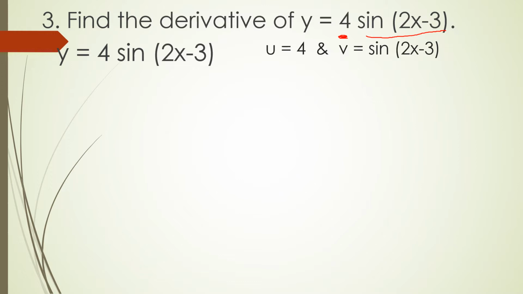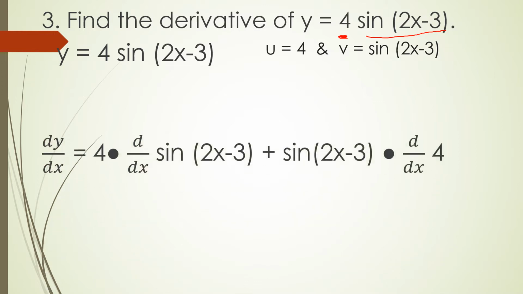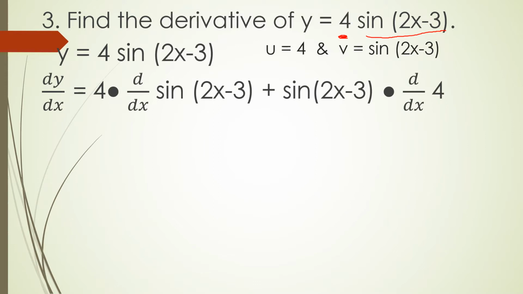So u is 4, our v is sine 2x minus 3. Applying the product rule, u dv, where dv means the derivative of v: the derivative of sine 2x minus 3, plus v du. Copy v, that's sine 2x minus 3, times du, the derivative of 4.